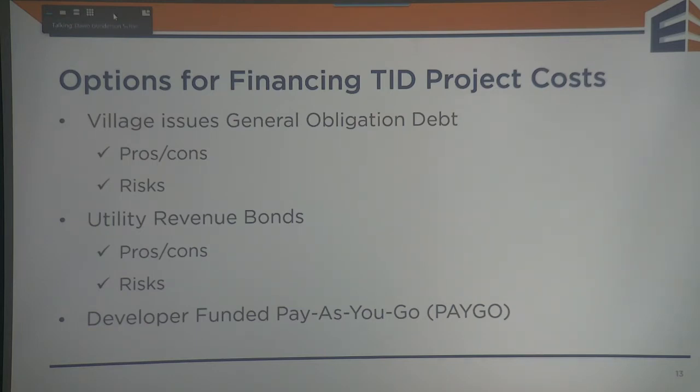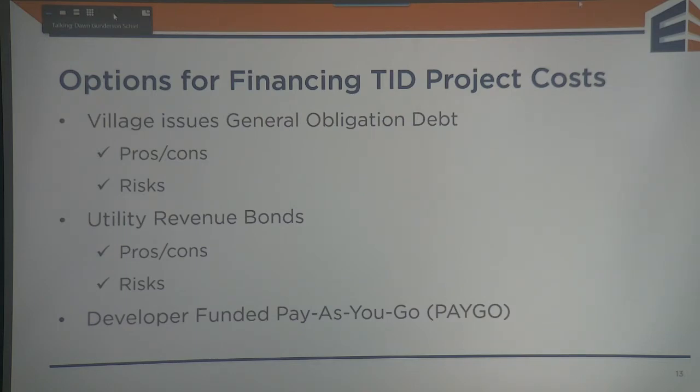The risk here, once again, is if that increment on an annual basis is insufficient to cover the debt service payment, the ratepayers, or your utilities, would basically be on the hook to make the annual debt service payments. So that's the disadvantage of that.